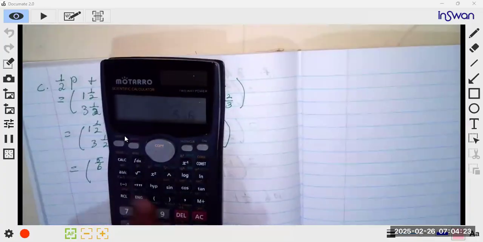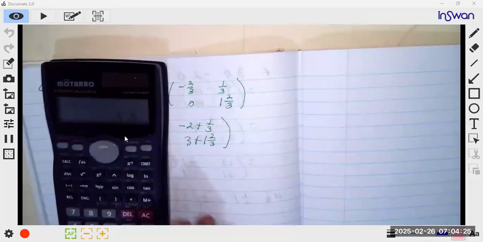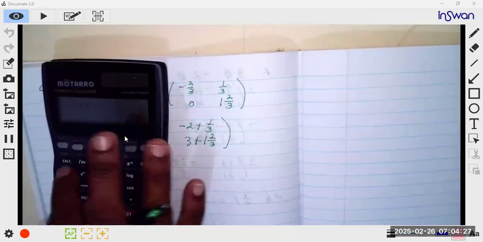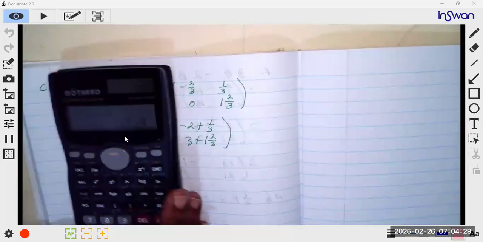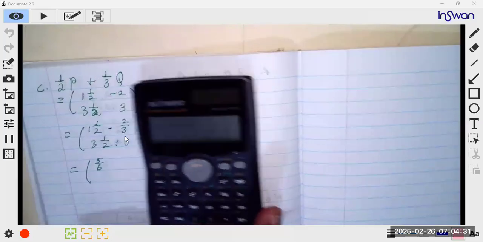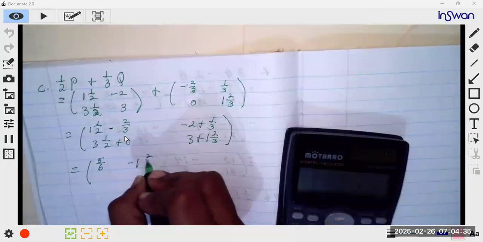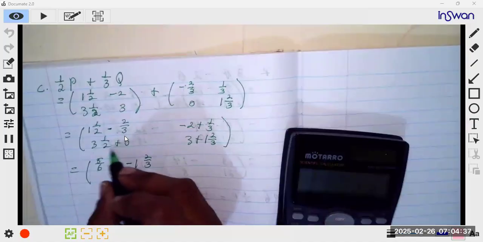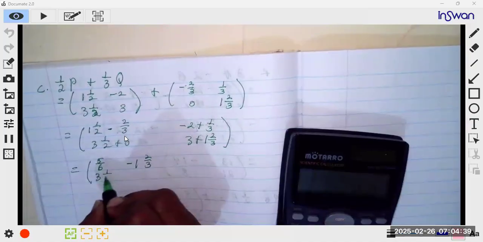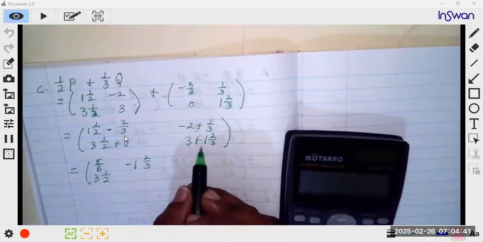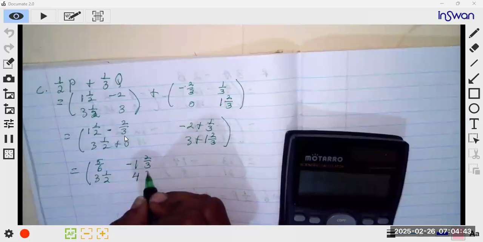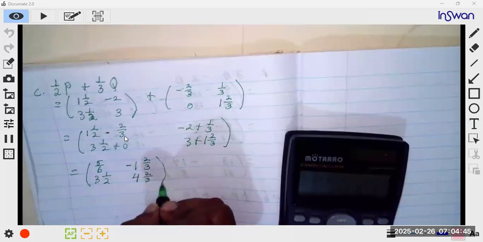Minus 2 plus 1/3 is minus 1 2/3. 3.5 plus 0 is 3.5. And 3 plus 1 2/3 will be 4 2/3. All right?